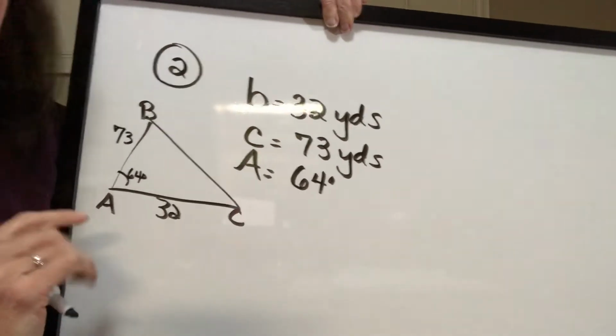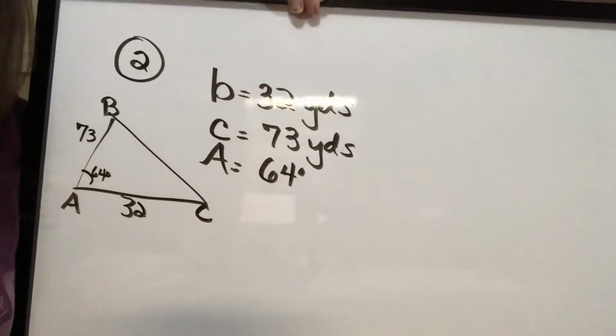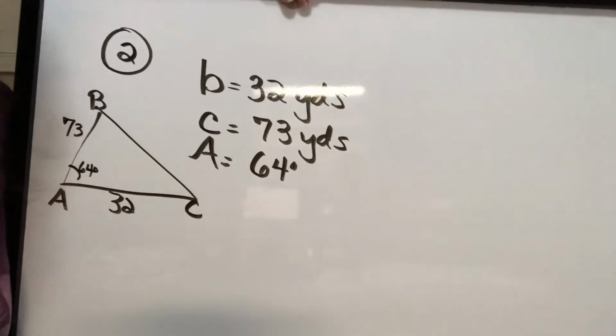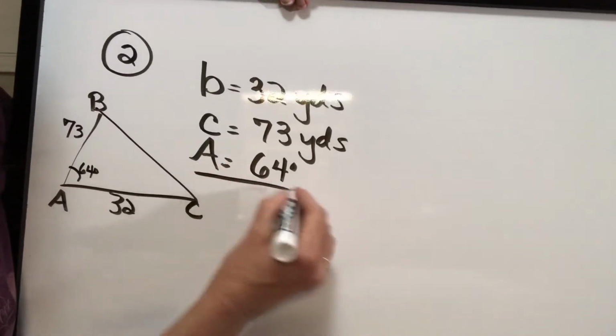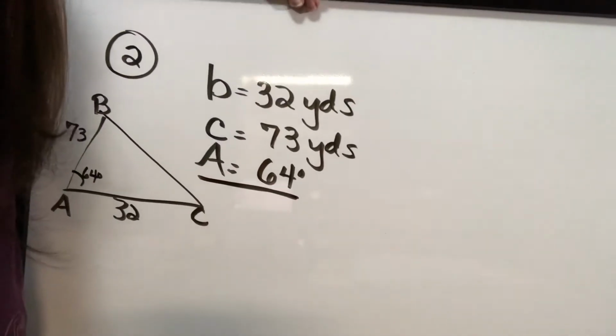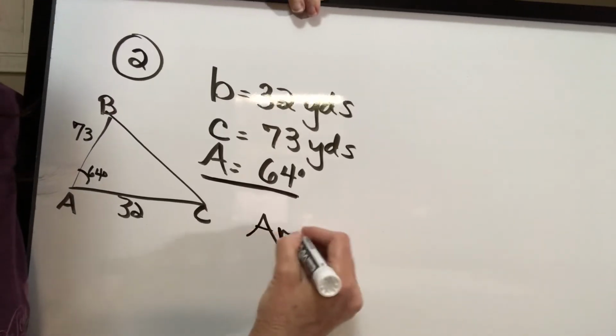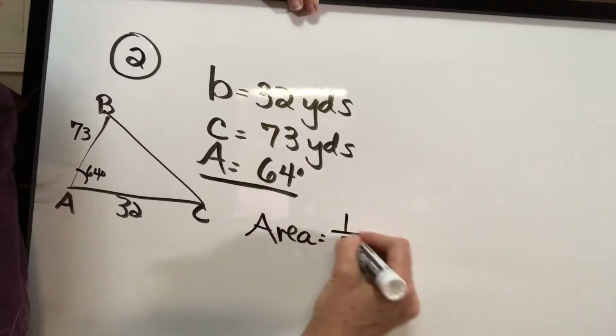As long as the angle is in between the two sides, you can use this formula. So you look at the three formulas, you want to pick the one that has angle A in it. So that one will just look slightly different than the original one that we were using before.